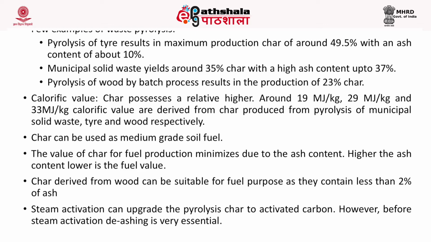Also, the pyrolysis of wood by batch process results in char production of 23%. If you look into the calorific value, char possesses a relatively higher calorific value. Around 19 megajoules per kg, 29 megajoules per kg and 33 megajoules per kg can be derived from char produced from municipal solid waste, tyre and wood.